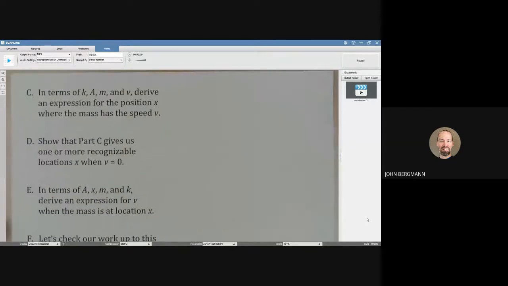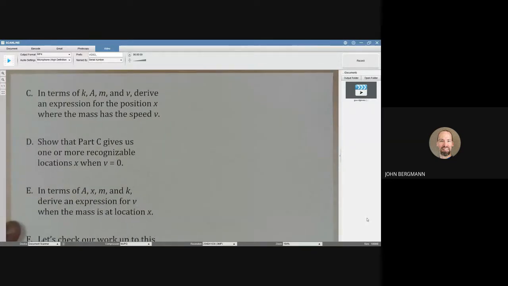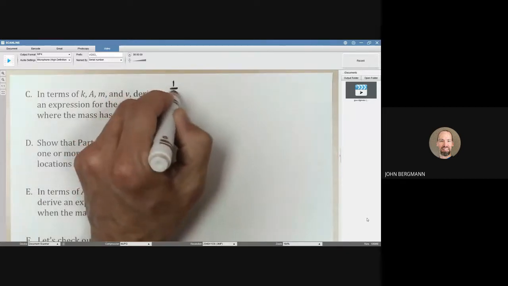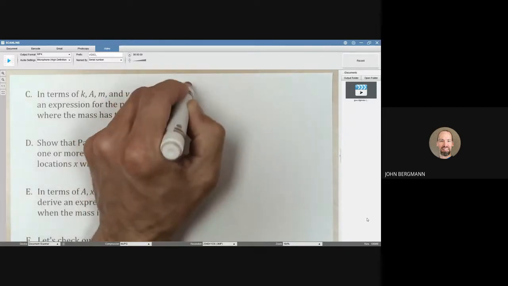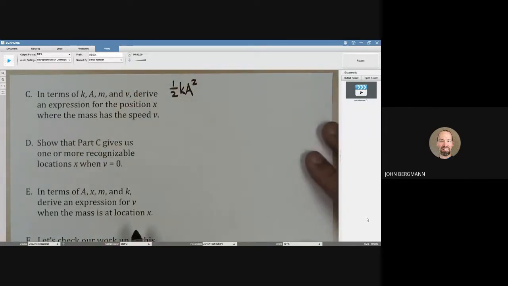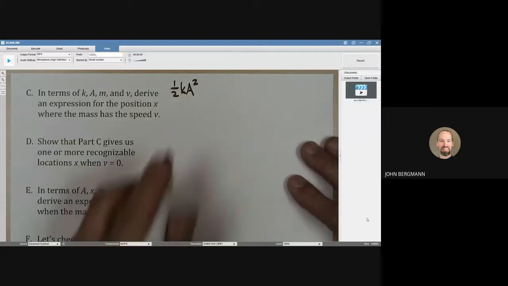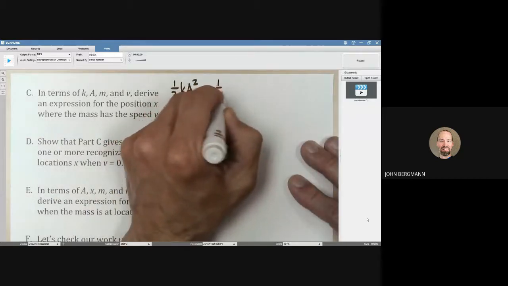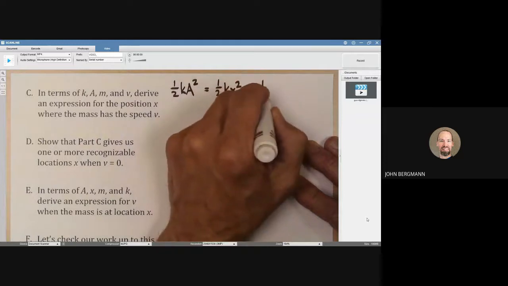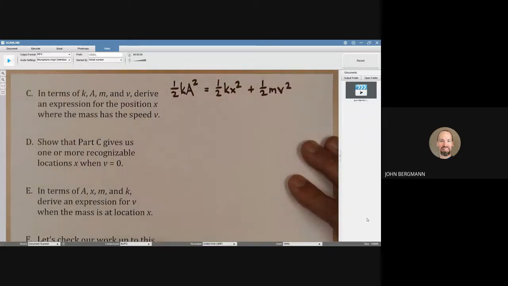In terms of K, A, M, and V, derive an expression for the position x, where the mass has the speed v. The total energy, we just said, is numerically equal to 1/2 k amplitude squared. That's the total amount of energy. And at some random location, it's going to have some elastic potential energy, and it's going to have some kinetic energy.